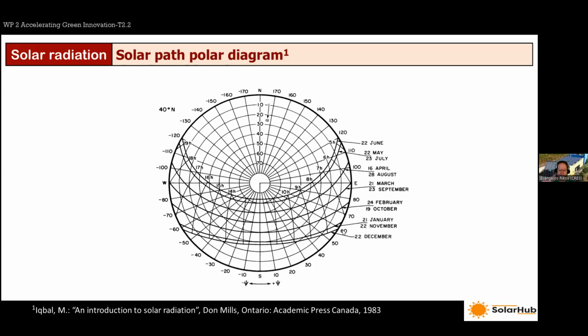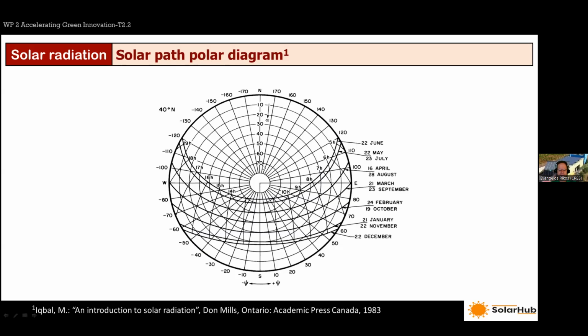For example, you see here that for December, where the winter solstice happens, we have the shortest path in the sky for the sun, and on other occasions, like in June, we have the longest one here.